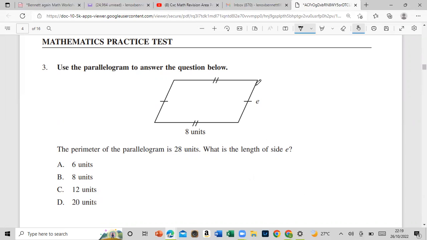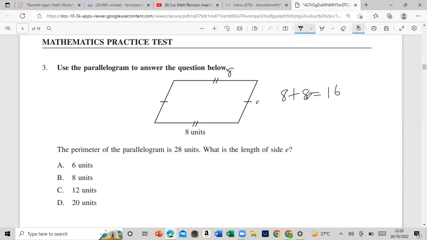And we notice that there's one side E. So we know that parallel sides will be equal. So what we can see, this would also equal 8. So what we can do now, 8 plus 8, to see how much these two sides come up to, and that is 16.